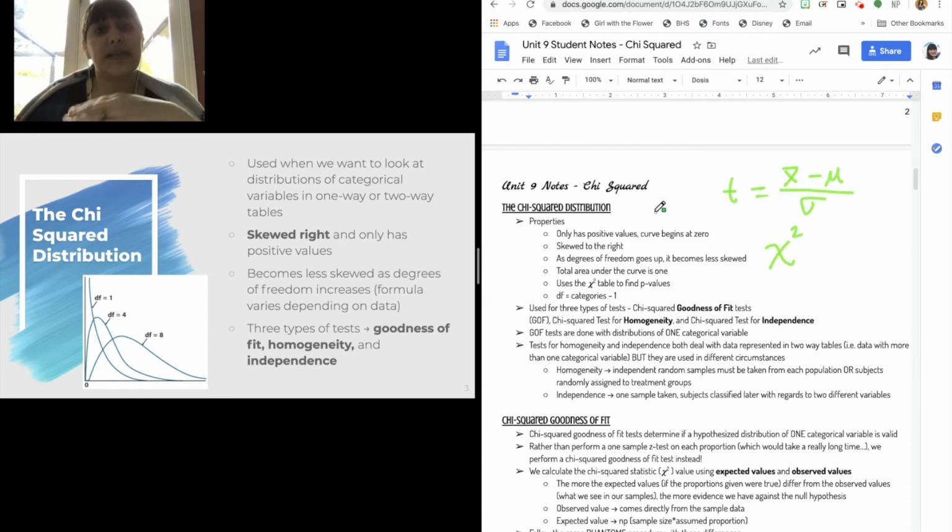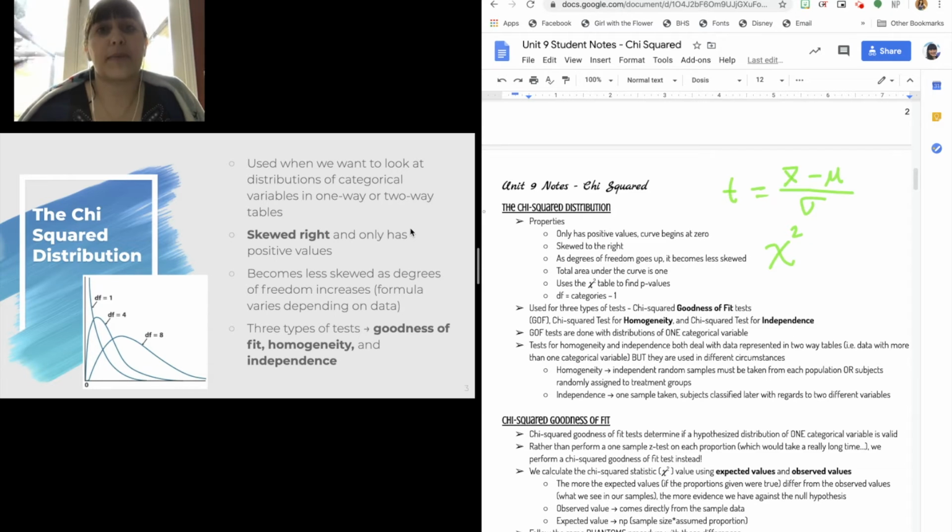Then you use either a calculator, you remember the PDF and the CDF, right, or what's called a chi-squared table. I'll show you briefly how a chi-squared table works, but you really won't use it very much. The calculator is a much more accurate way to do chi-squared.